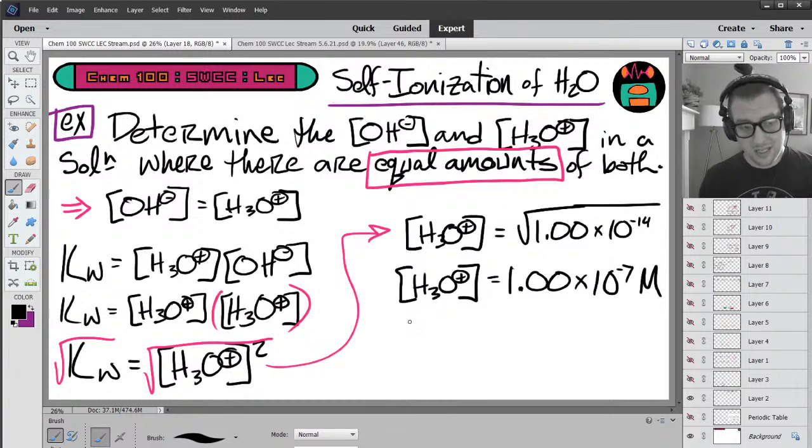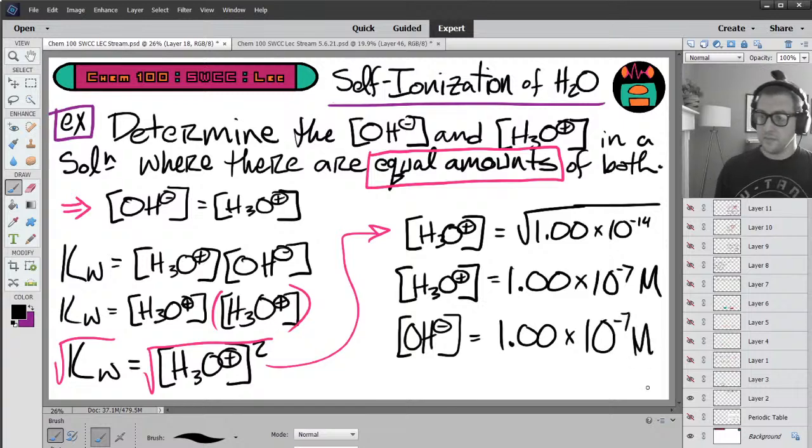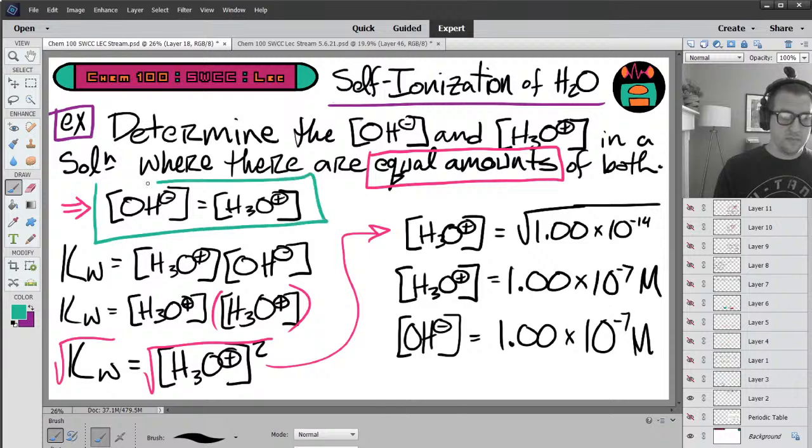And if you're wondering, your concentration of hydroxide is going to be the same thing. All right? Because, as we said at the beginning of this problem, the two are equal.